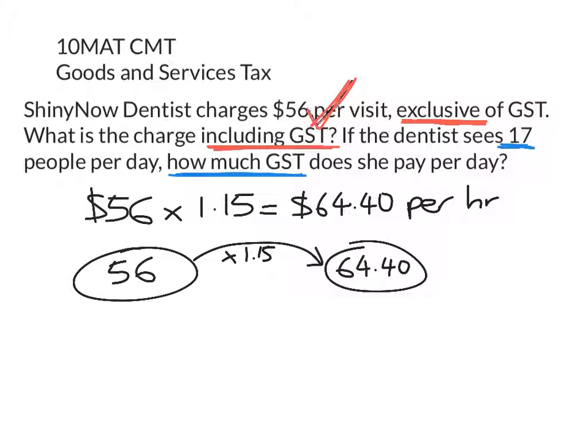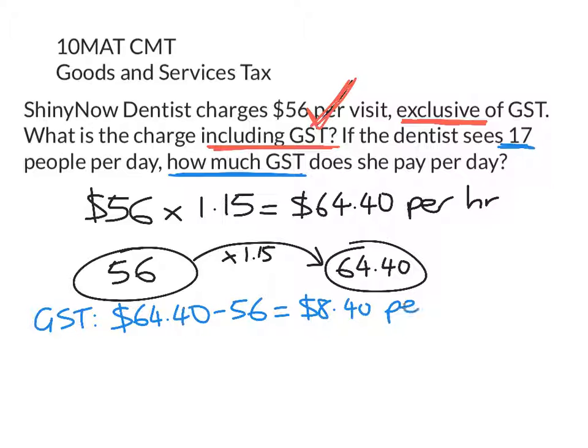Now, if the dentist sees 17 people per day, how much GST does she pay per day? So let's work out what GST she pays for one visit. We can do that in two ways. We can either work out the difference between 64.40 and 56, and we'll get 8.40, and that's per visit or per person, right?